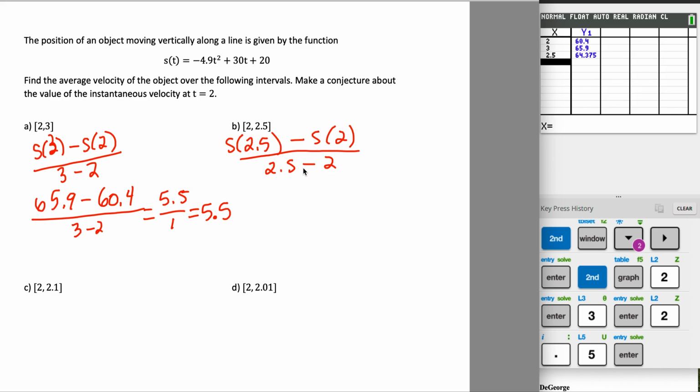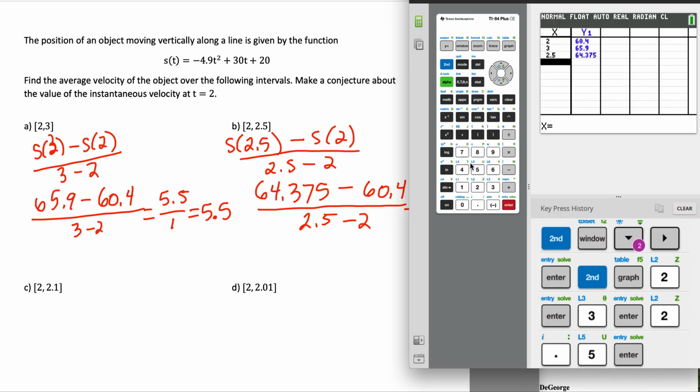Okay, do the same thing for the second interval. So s of 2.5, remember my table is telling me this, 64.375, minus s of 2, 60.4, divided by 2.5 minus 2. So plug that in your calculator, and you should come up with like 7.95.